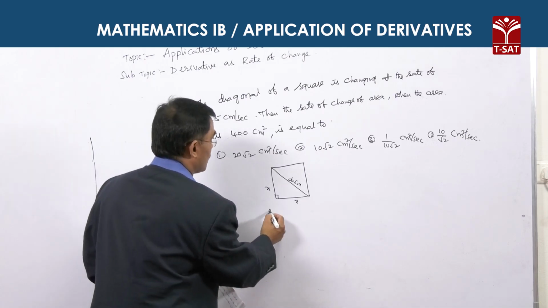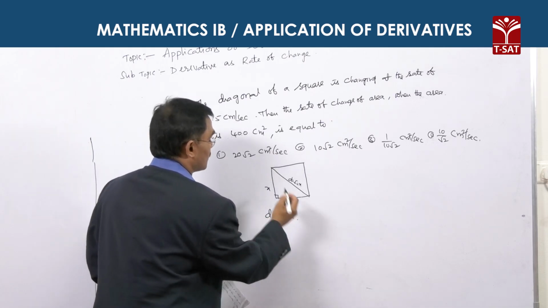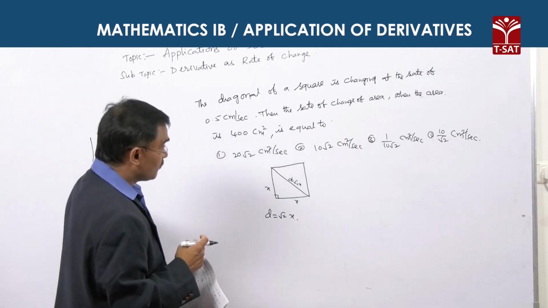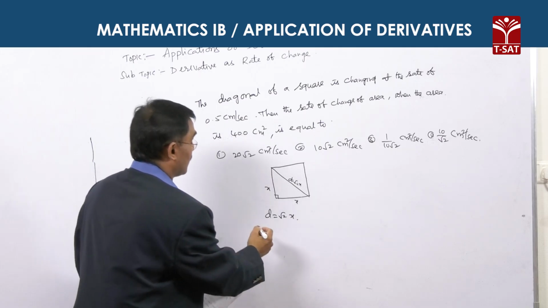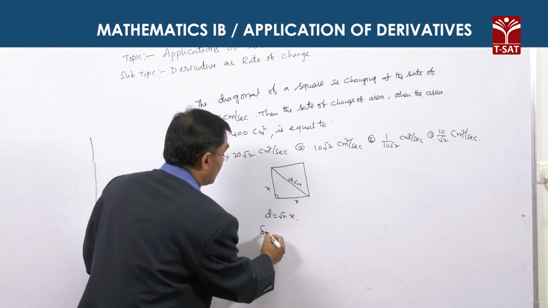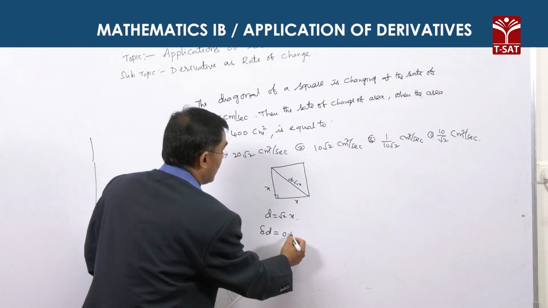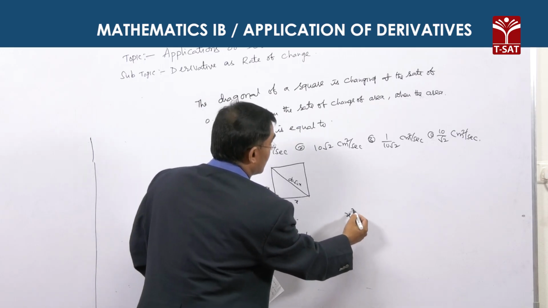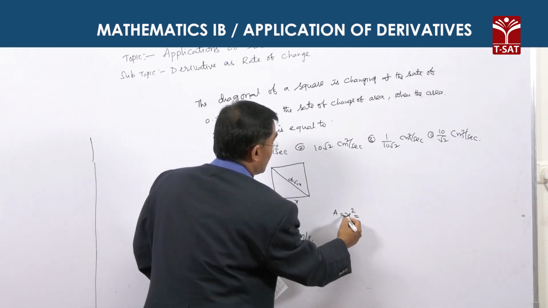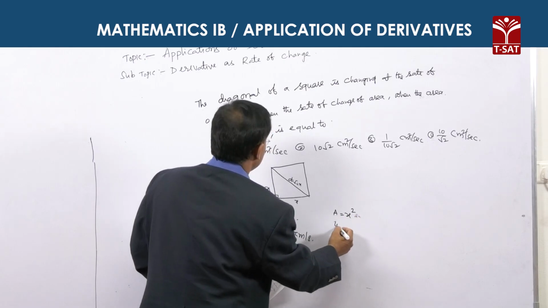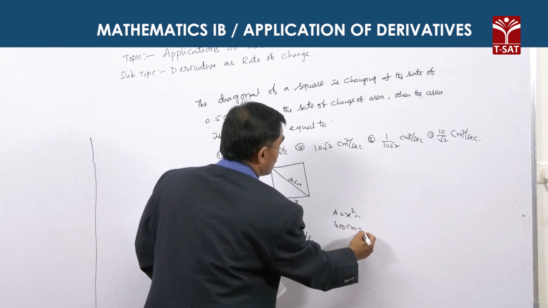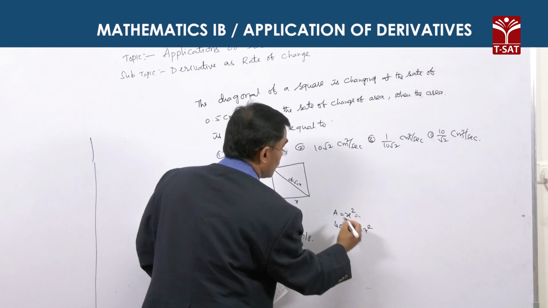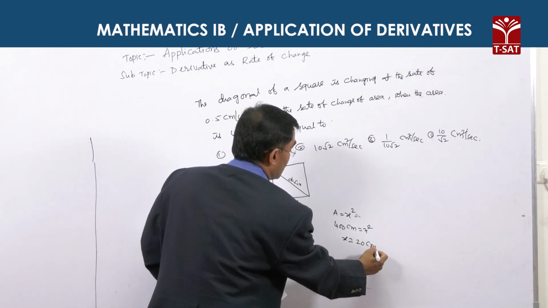d is equal to root 2 x. Then the rate of the change in the diagonal, delta d, is equal to 0.5 centimeters per second. Area of the square: a is equal to x square. a is given as 400 centimeter square, which is equal to x square, therefore the length of the side is 20 centimeter.